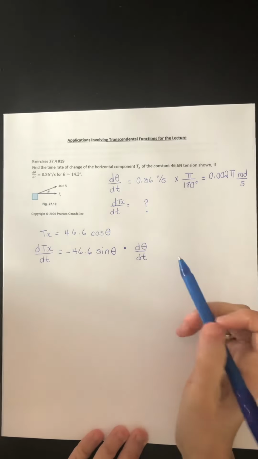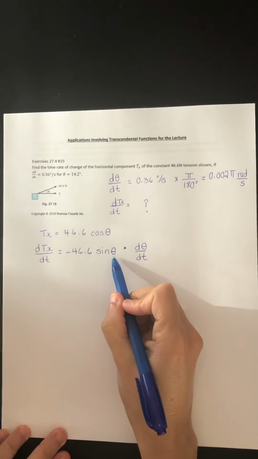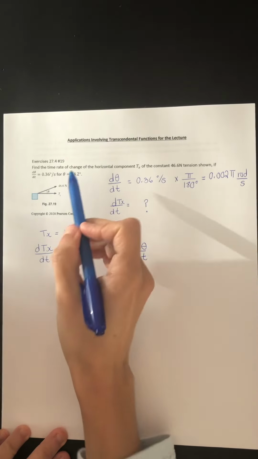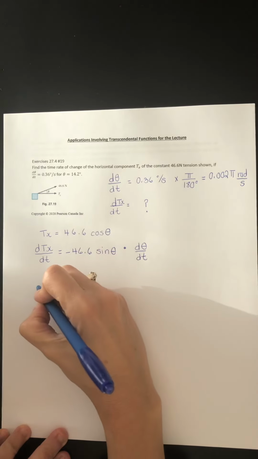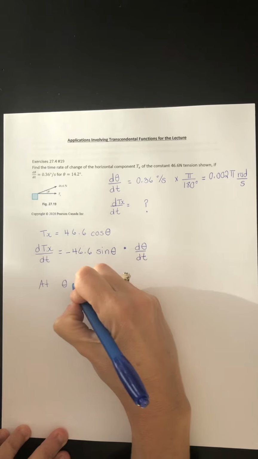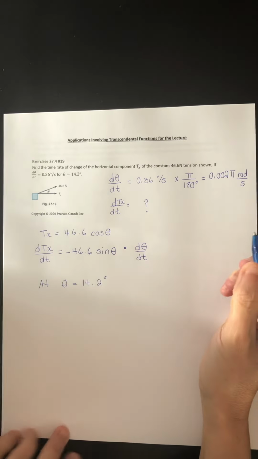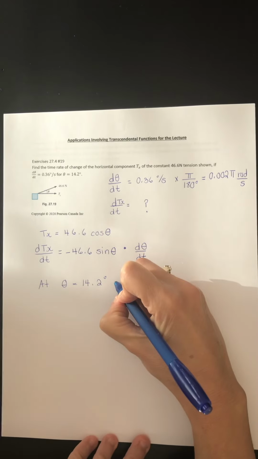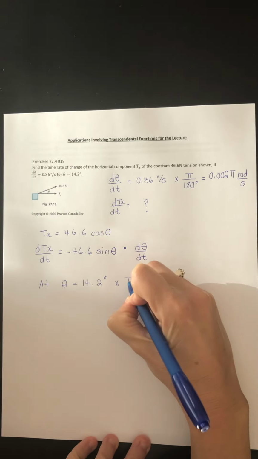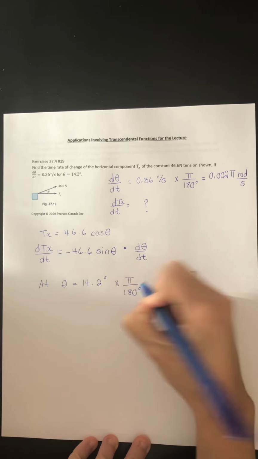Okay, and so in addition though, theta must be substituted in radians. So why don't we say here, at theta equals 14.2 degrees. Okay, but again, we're going to change it to radians in the same way. We're going to multiply by pi and divide by 180 degrees.